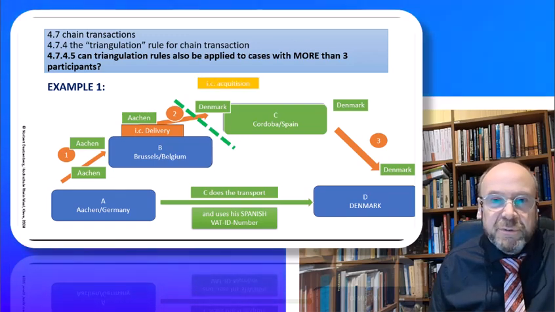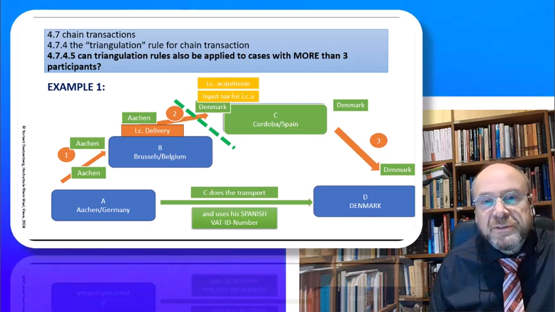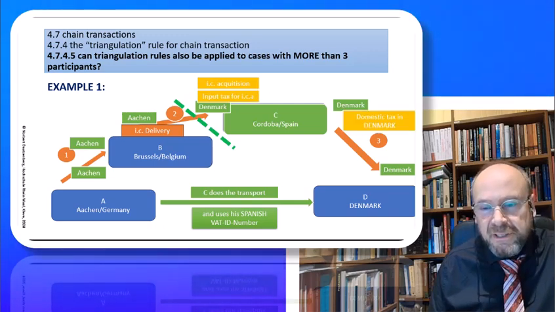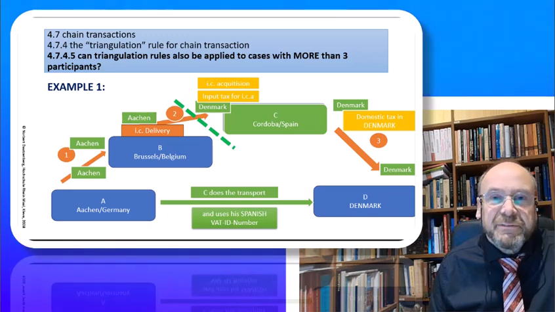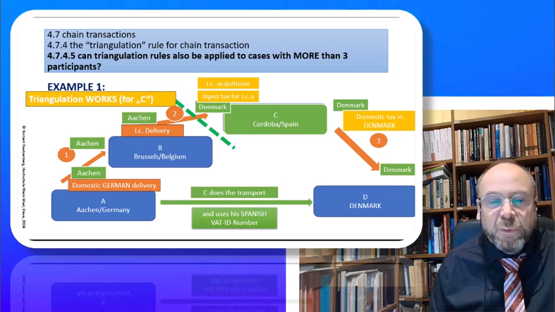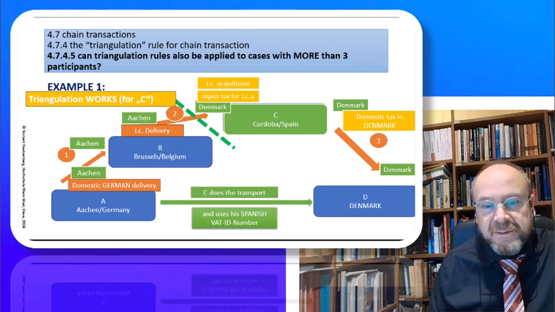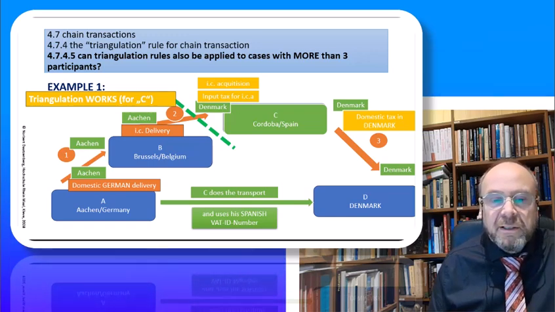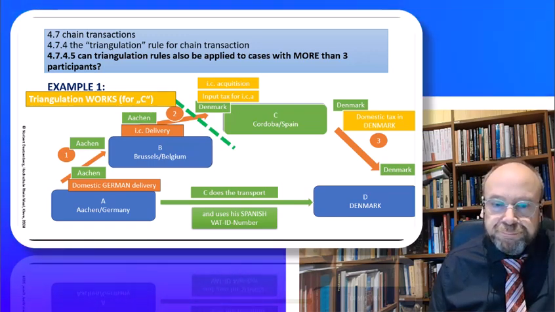We have an intra-community acquisition for C, but not in Spain, but in Denmark. We have the input tax granted for that, and we have a domestic tax inside of Denmark for the following transaction. So we have exactly the constellation for a triangulation. So it should work.